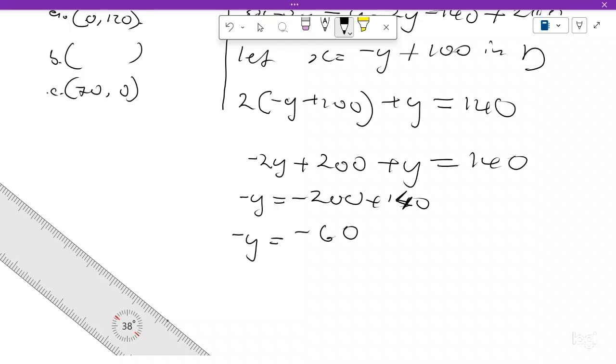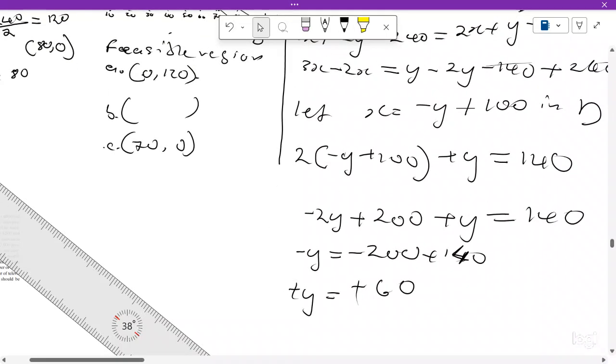But we know there's a negative this side, there's a negative this side. When they divide, it becomes y is equals to 60. You see that? So now we come and place it here.